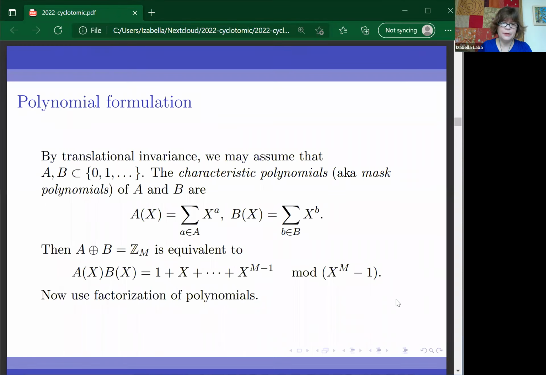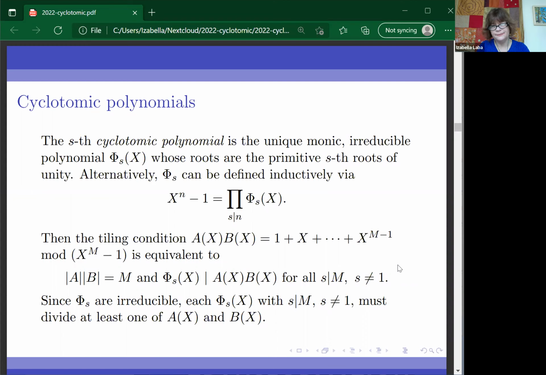And this is where we can use factorization of polynomials. The s-th cyclotomic polynomial is the unique monic and irreducible polynomial whose roots are the primitive s-th roots of unity. An alternative definition is by induction.